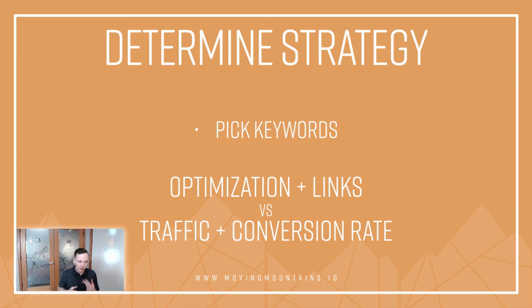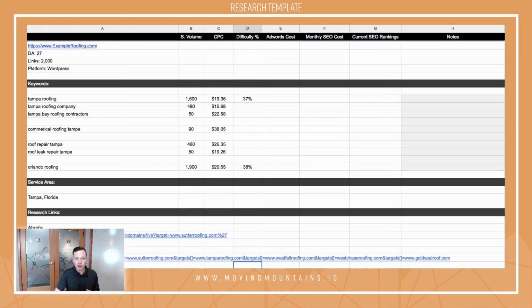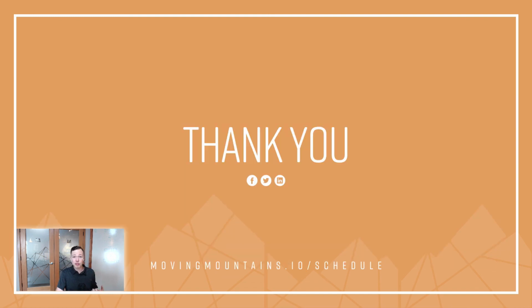Now, we have a really specific formula that we can go into farther detail for that, but basically you're going to take this information, this spreadsheet, and put it into that formula, and you'll be able to say, okay, I need one more keyword, and then I'll hit my goal of traffic of 800 people a month to visit the website, and I'm going to convert it this percent, and that's going to get me that many leads, and that's kind of how you go over it.